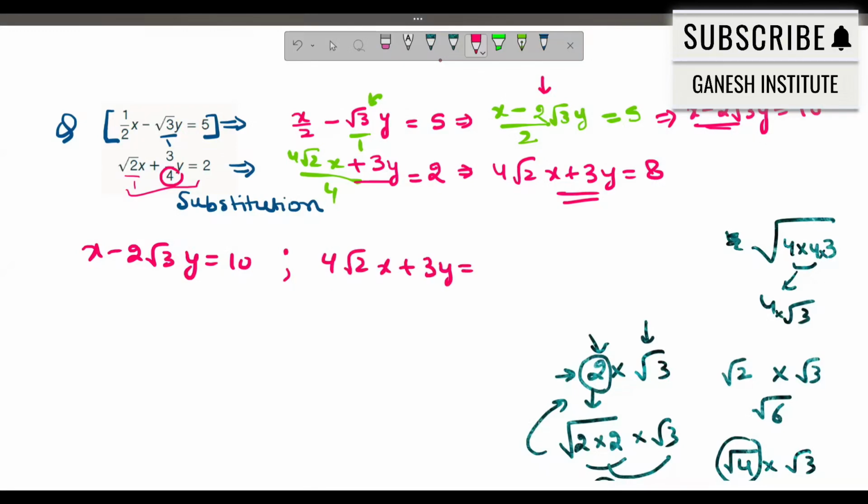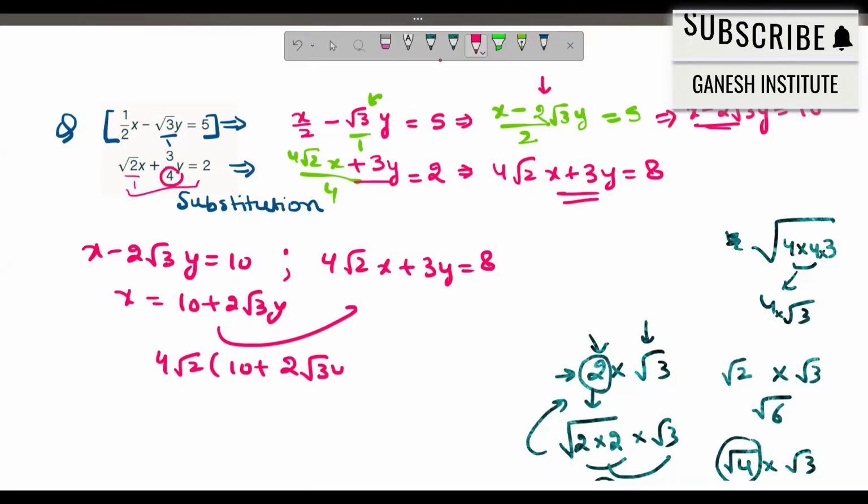Now what will I do? I'll take this value and substitute it into the other one, right? Now expand it.